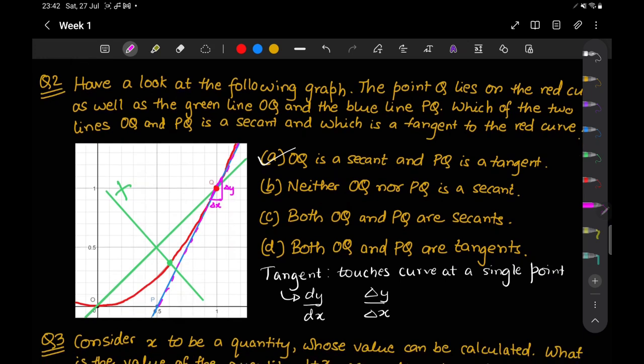So I hope it is clear how to find the slope of the tangent and what a tangent curve is.